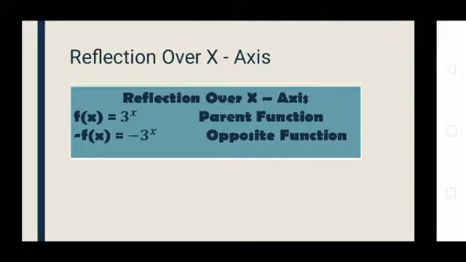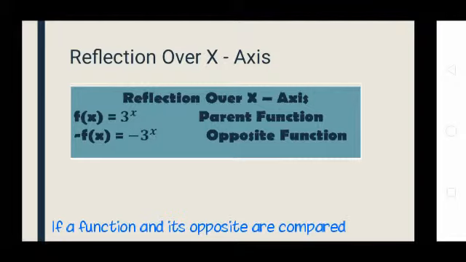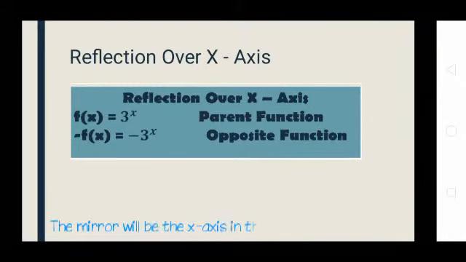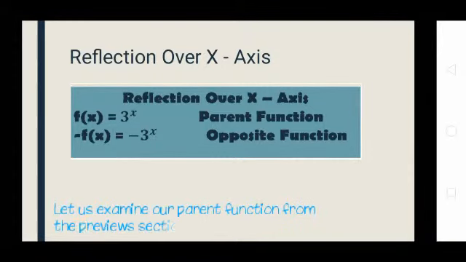Next is the reflection over the x-axis. If a function and its opposite are compared, we would see that they would be mirror versions of each other. The mirror would be the x-axis in this situation. Let us examine our parent function from a previous section and its opposite function.